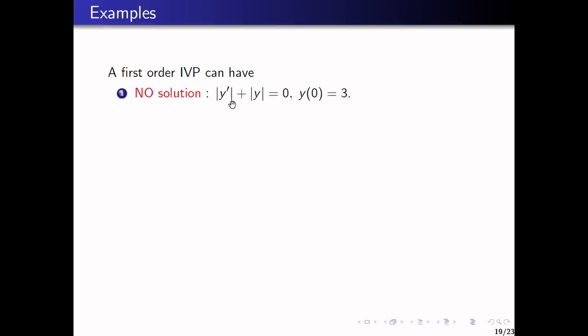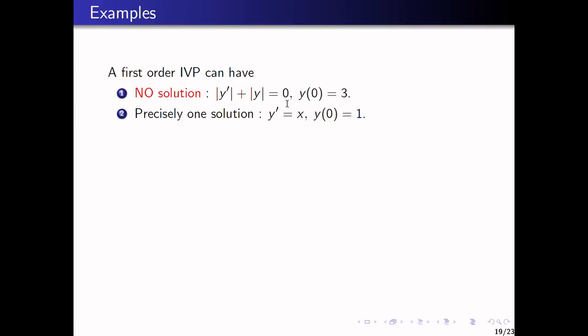So this differential equation that is given here will not satisfy this initial condition. No solution will satisfy this differential equation, because if the value is 3 at a point, its absolute value plus the absolute value of its derivative, which is 0 or a positive quantity, the sum cannot be equal to 0. So this initial value problem does not have a solution.